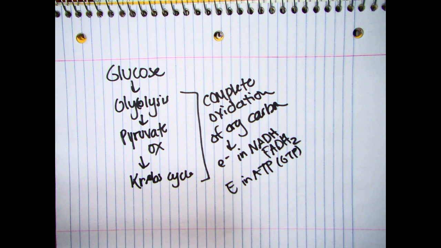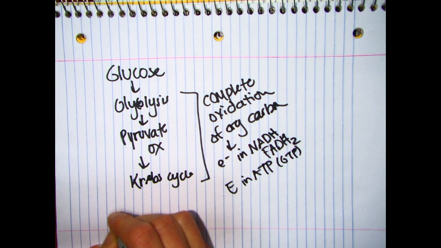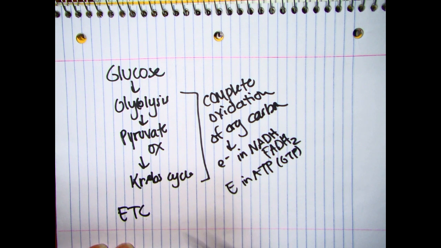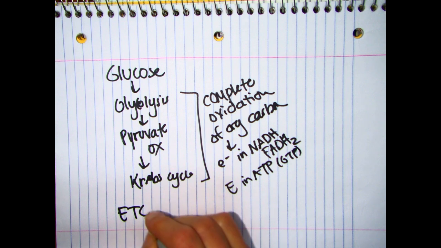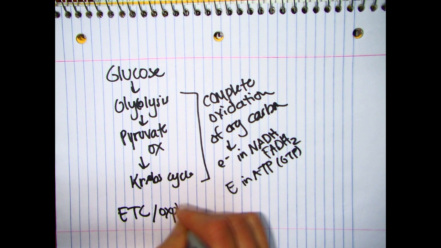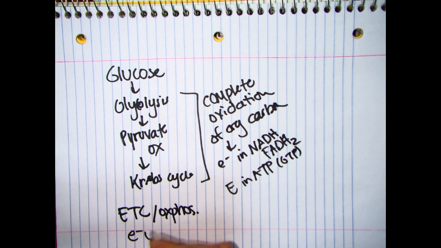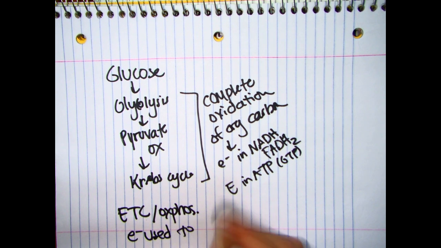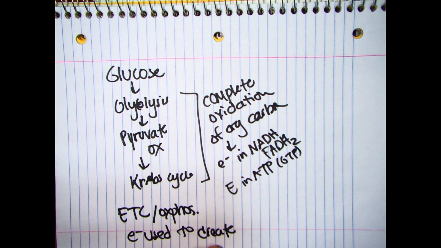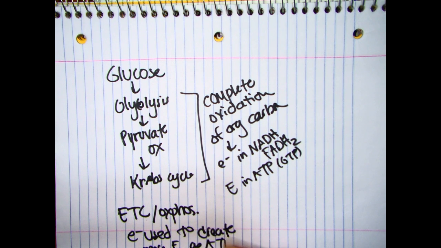Okay. Then in the electron transport chain, and in this case oxidative phosphorylation, the electrons are used to indirectly create more energy as ATP, okay?